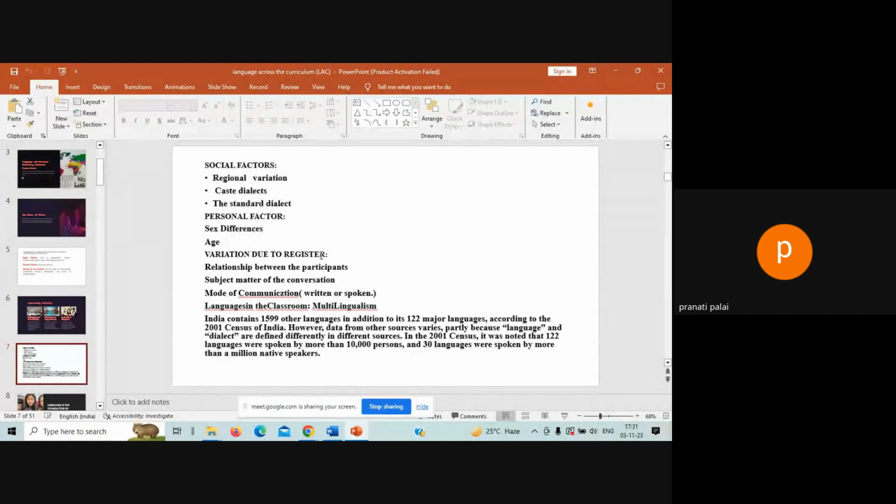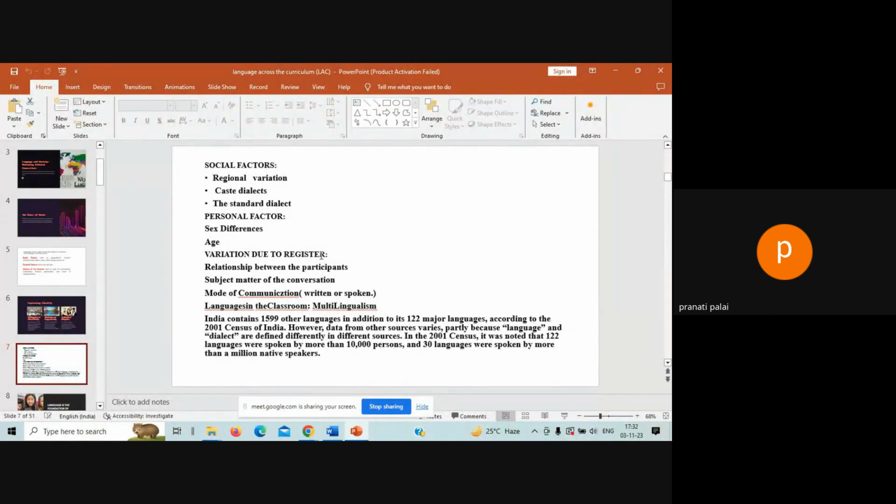We can say that register means a person using a kind of language on different occasions. That is called variation due to register.